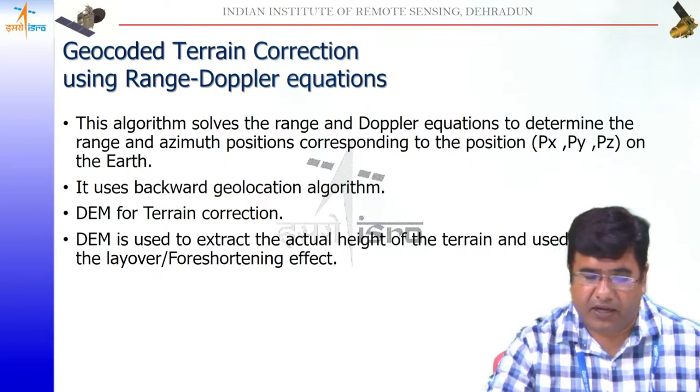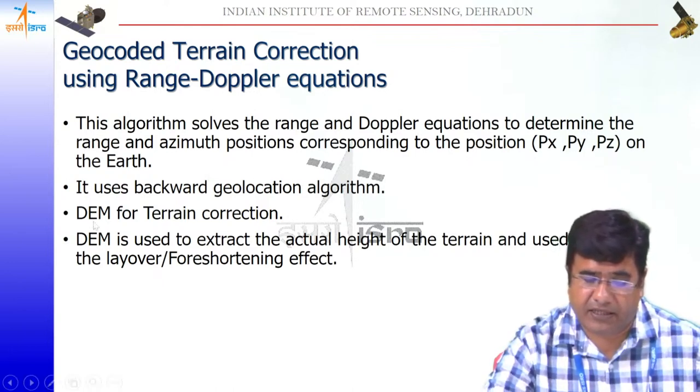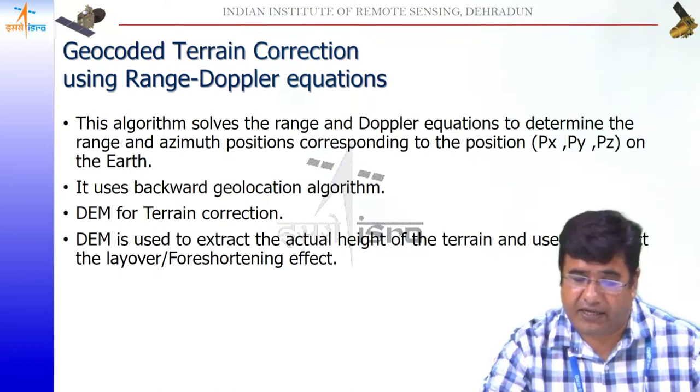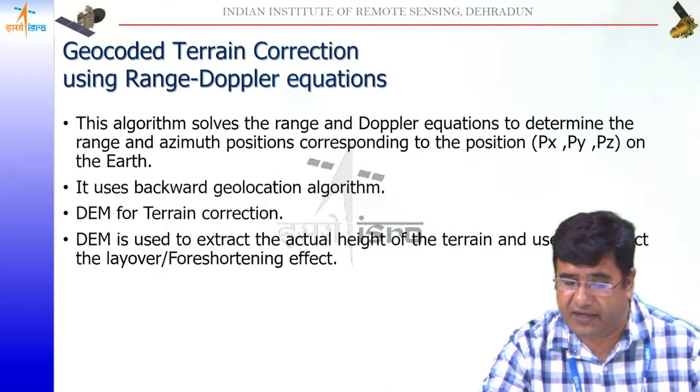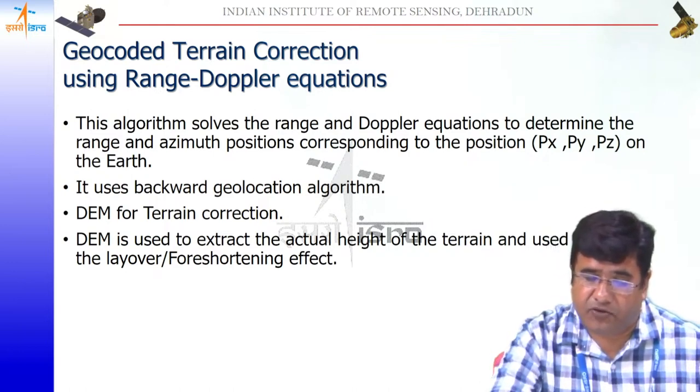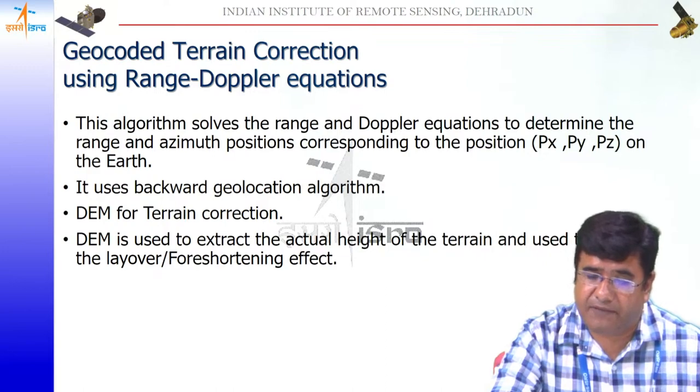Okay, so in the case of terrain correction, we will use the sensor modeling, the digital elevation model, as well as the SAR orbit to correct the geolocation of a point and to correct the geometrical distortions which are induced due to the terrain.